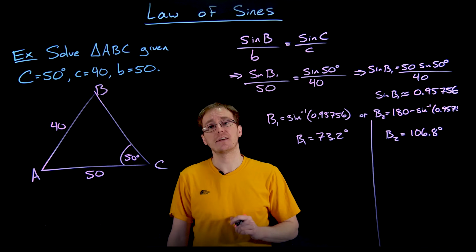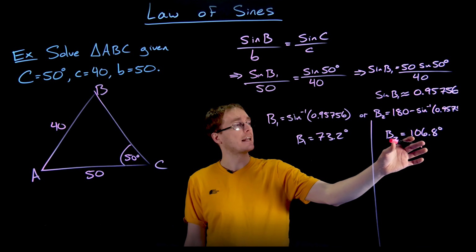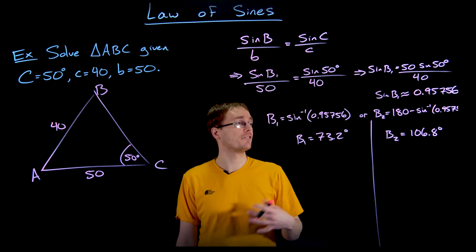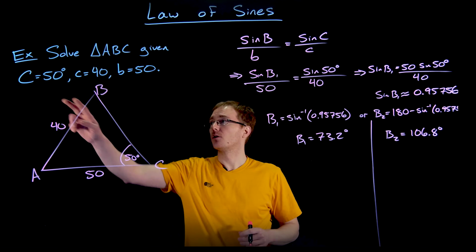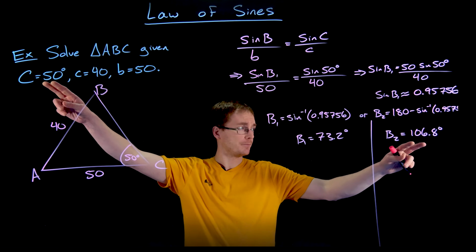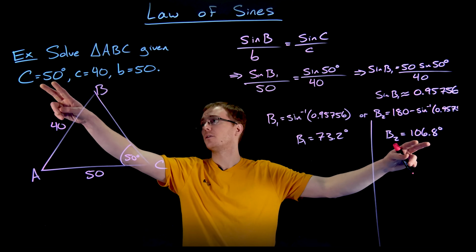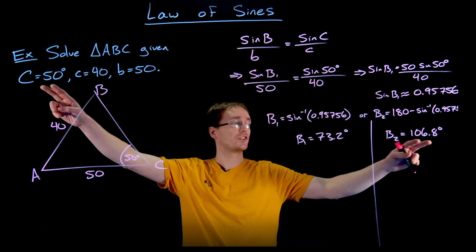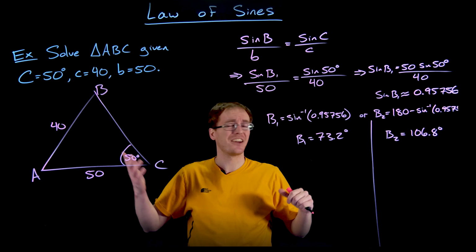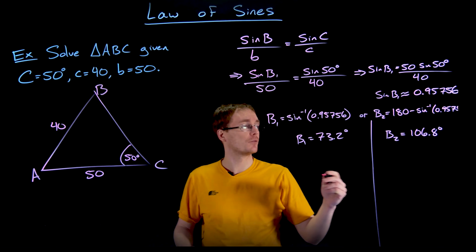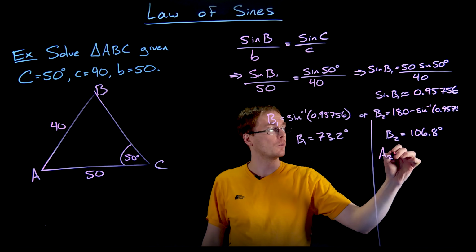The way to check is to take that angle B2 and make sure that we can find that third angle. So our other known angle is 50, and B2 plus C, or 106.8 plus 50, gives us 156.8. That's enough room to find our angle that we'll call A2.